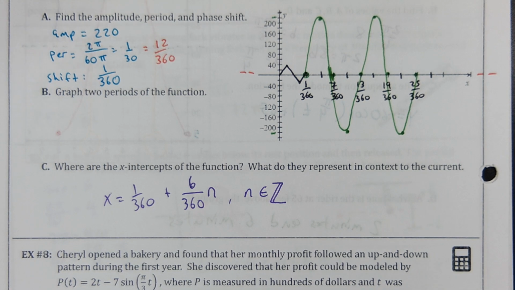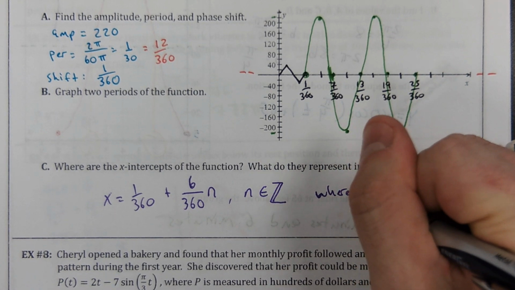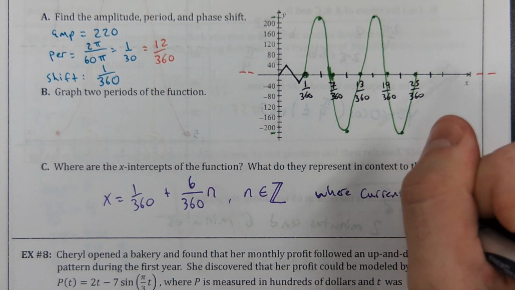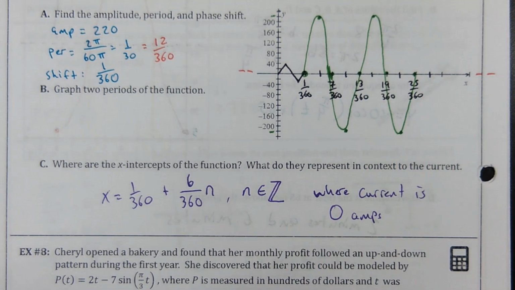But in this question, what are those x-intercepts? What do they represent? Yeah? When current is 0, yeah. So this is where current is 0 amps. That's where your current is currently 0 amps.